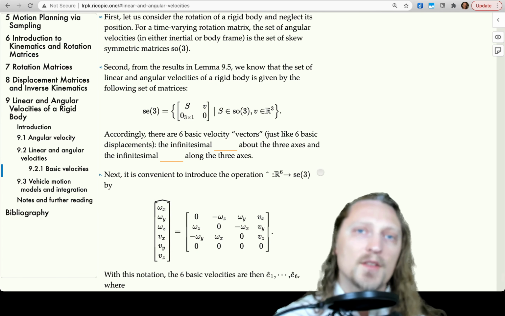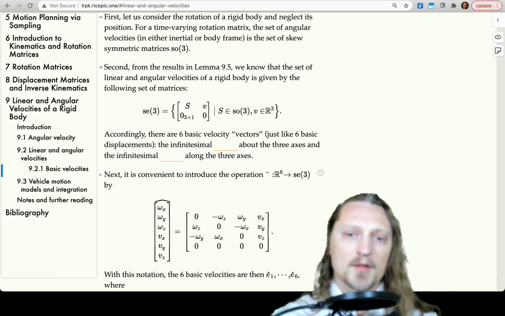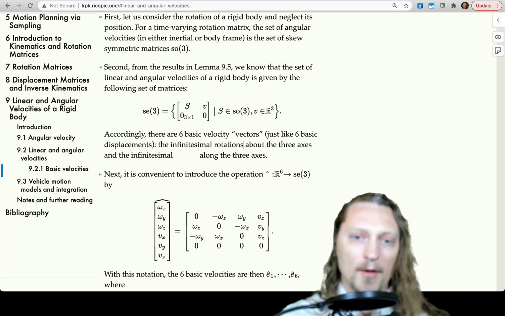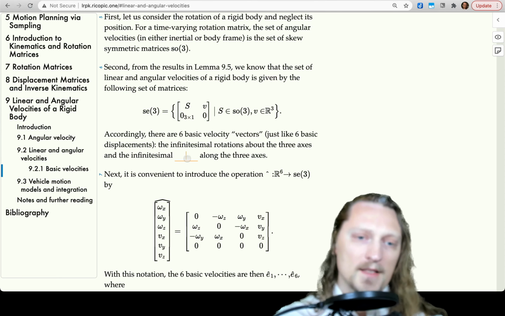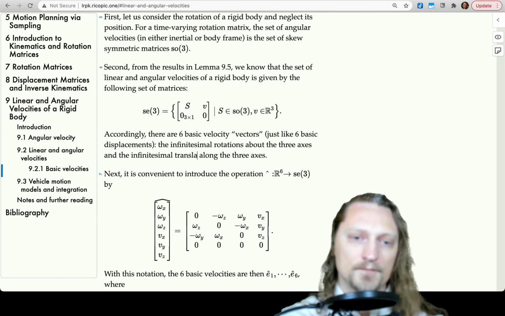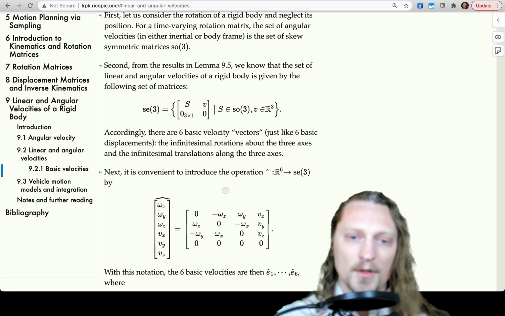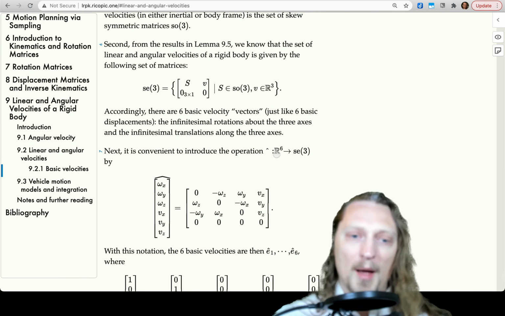Accordingly, there are six basic velocity vectors, just like the six basic displacements: the infinitesimal rotations about the three axes, and the infinitesimal translations along the three axes. Next, it is convenient to introduce the hat operation, a map from R6.